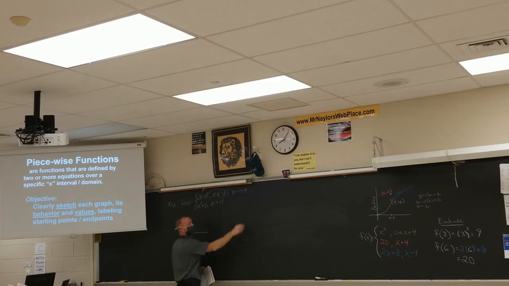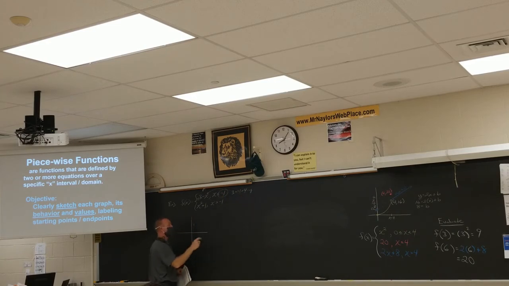That's a y value. What this is saying is that when x is -1, y is 4. And that point is going to be the starting point or the end point of this piece. It is important. It needs to be labeled. It needs to be marked. It needs to be the place where I now draw my piece.